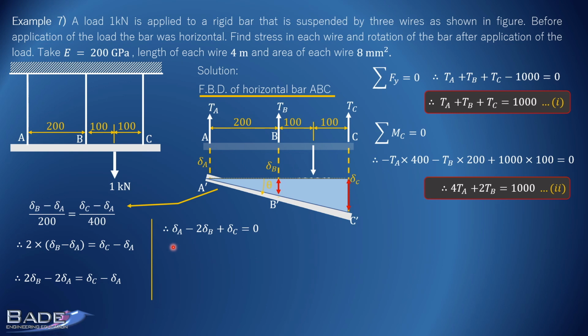Now we'll replace delta A by PL by EA. Load on wire A is TA, so TL by EA. Let's put those values: deformation of A in terms of load, deformation of B in terms of load, and deformation of C in terms of load. Now all three wires have the same length, same cross-sectional area, and same Young's modulus.